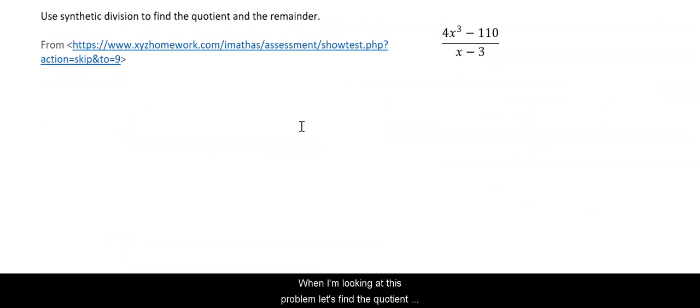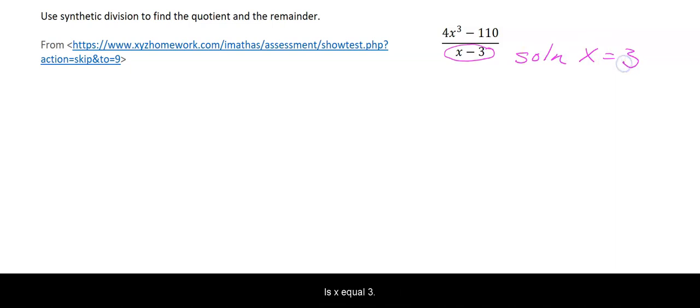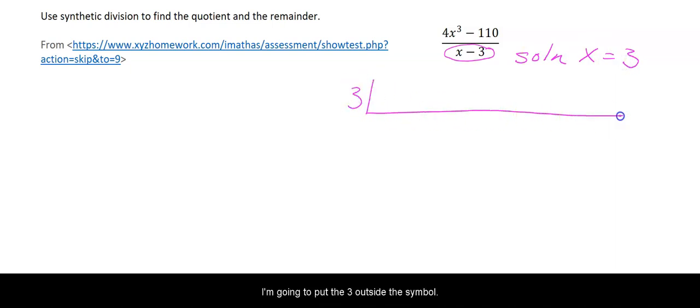When I'm looking at this problem, let's find the quotient and the remainder and decide whether or not 3 is an actual x-intercept. The divisor is coming from the denominator of the fraction, and the solution that belongs to the factor x minus 3 is x equal 3. I'm going to put the 3 outside the symbol.